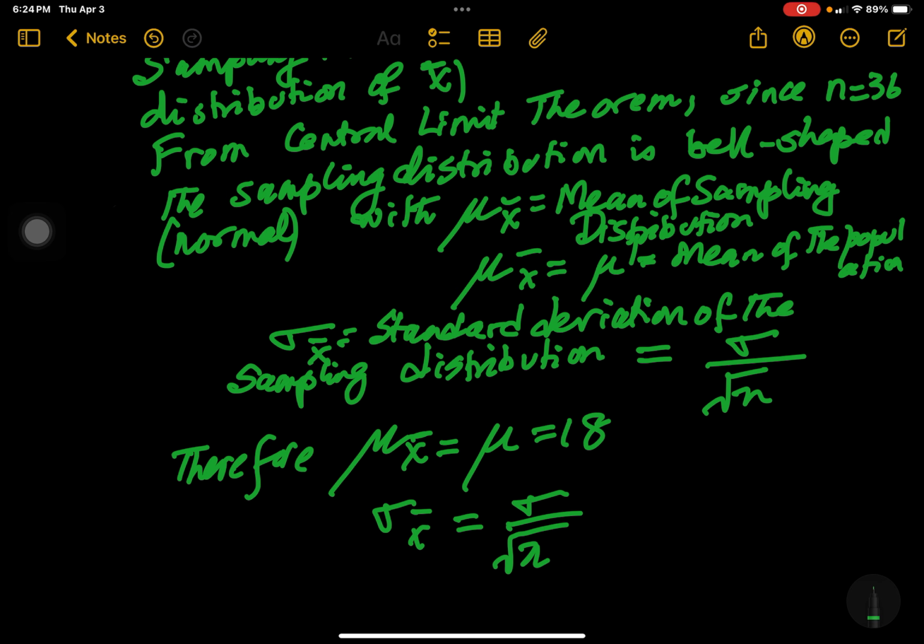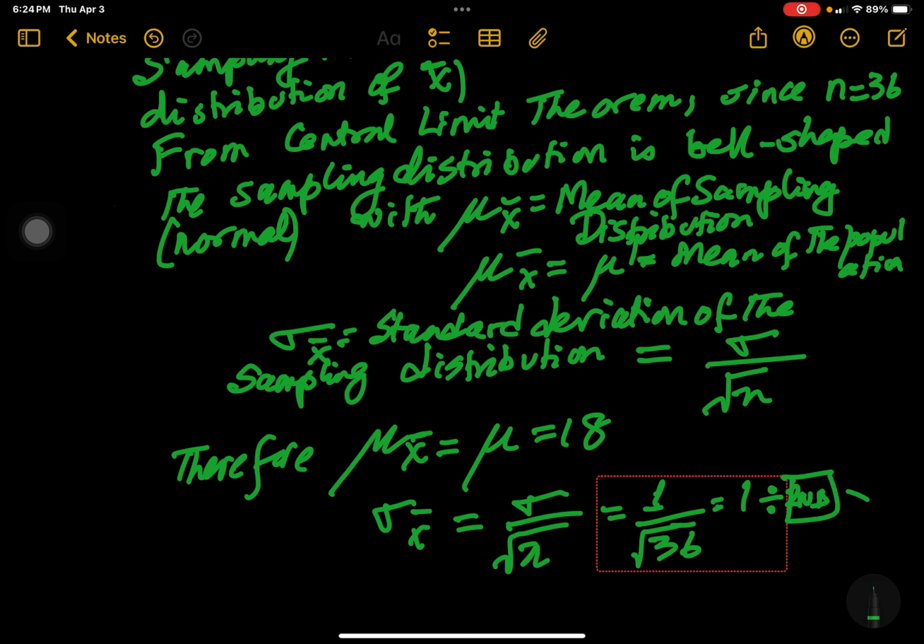So how to do that in the calculator? The manufacturer said that the population standard deviation is 1, that is divided by square root of 36, the sample size. So in TI-84, you can first do 1, then divided by second button and x square button. That will give us the square root of 36, and enter.